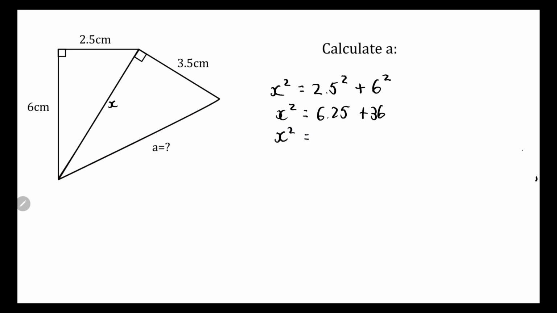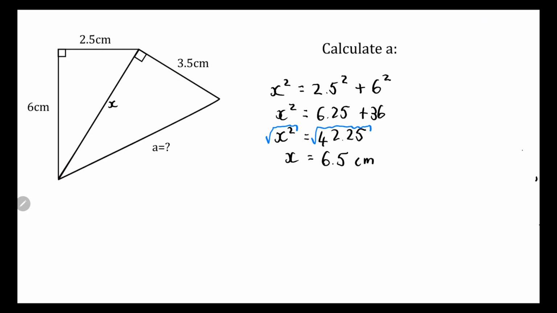When you add those two together, you get 42.25. And don't forget to use square roots to cancel out the exponent at the x. Then you will be left with x equals the square root of 42.25, which is 6.5. And in this question, they gave you units, which is centimeters. So put the units in your answer.